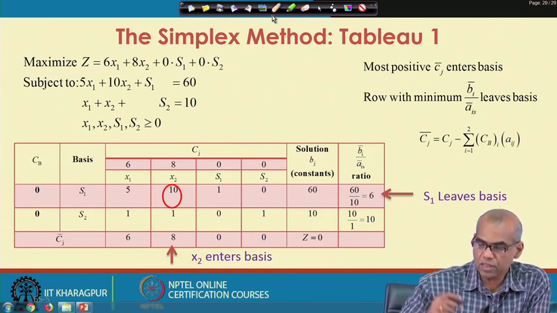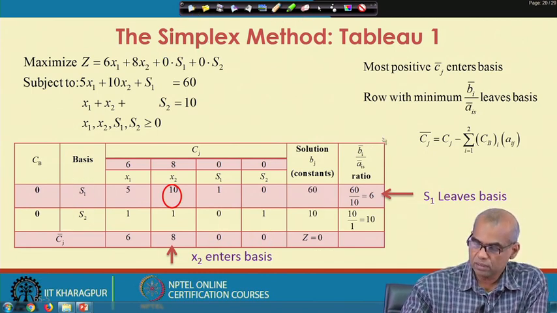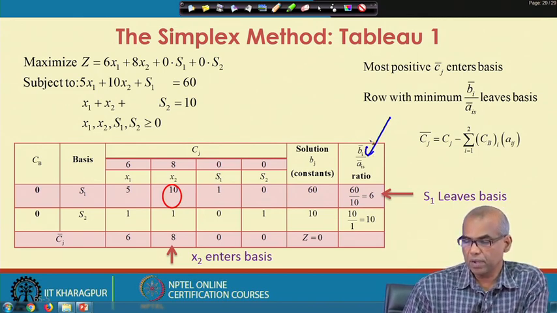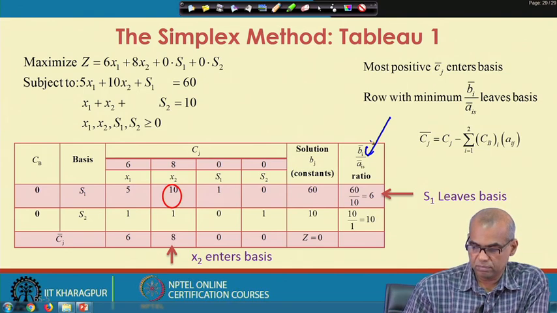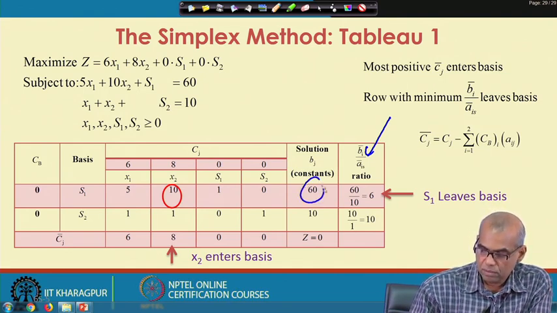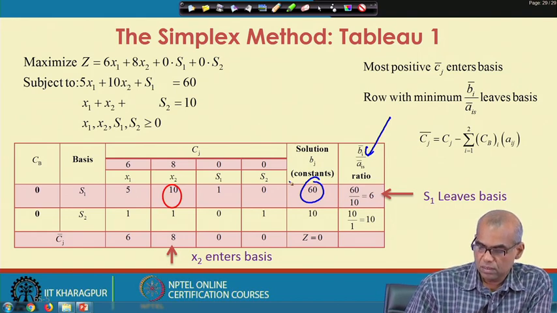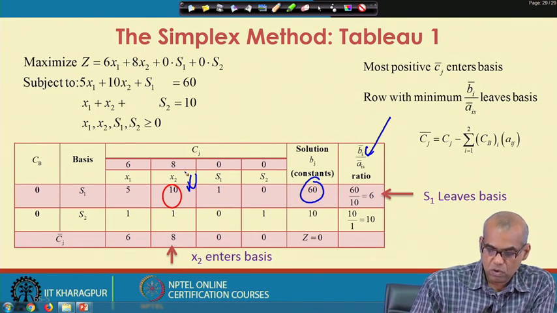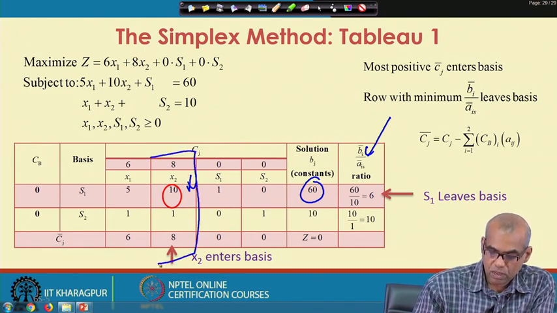Now, let us see how do we calculate the ratio Bi bar divided by Ais bar. So, Bi bar 60 divided by 10. Why 10? Because we have to now focus on this column.